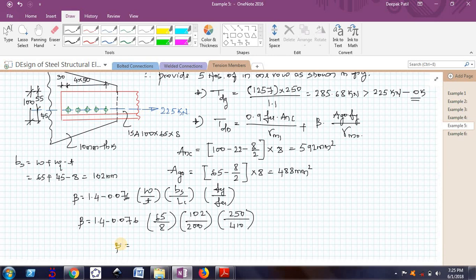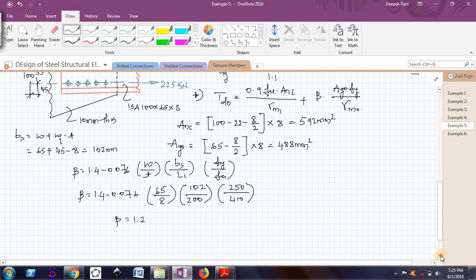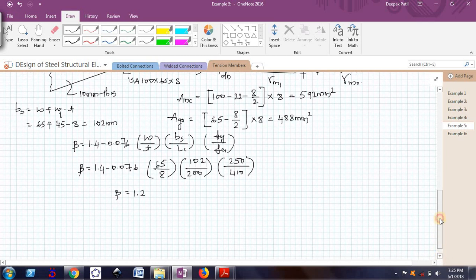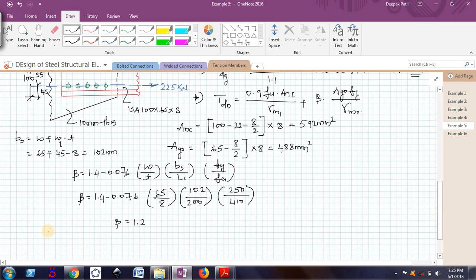Okay, so this multiplied by 0.076, so the whole answer is to be deducted from 1.4, so I am getting beta as 1.2, right?